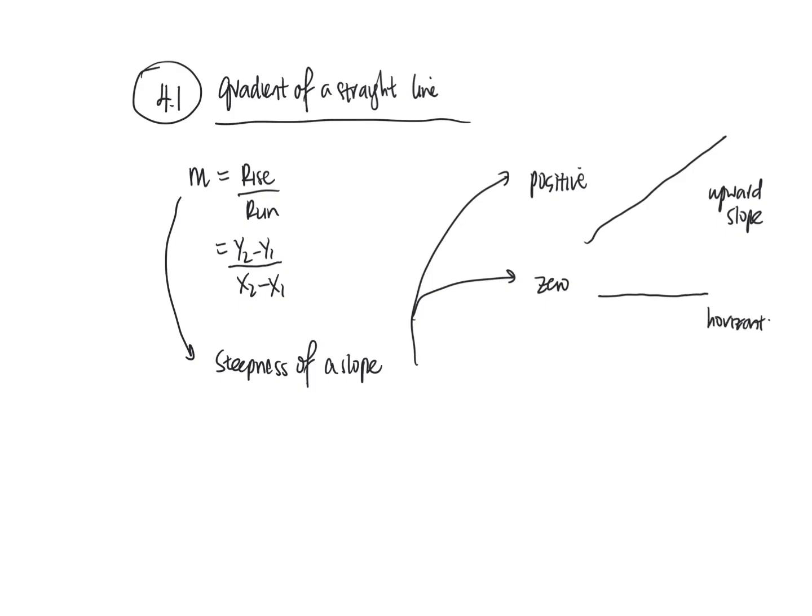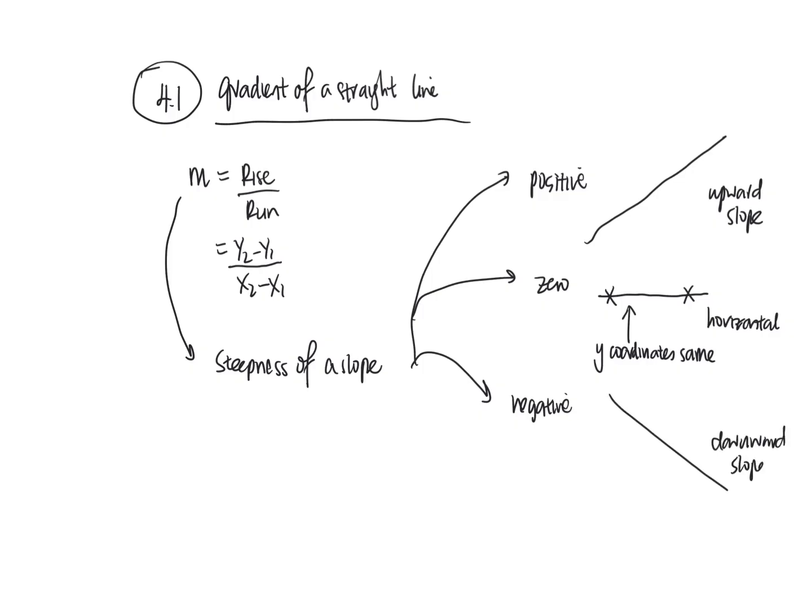When you have a horizontal line, the y coordinates of the 2 points are the same. The third is a negative gradient, so it's downward sloping. And the last type is an undefined gradient, which is infinity. When this happens, your x coordinates are the same.